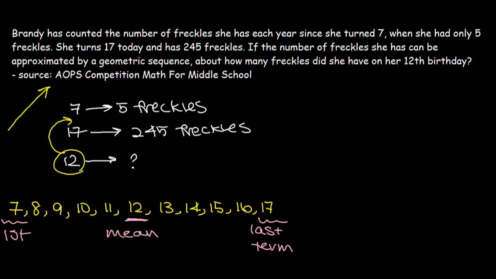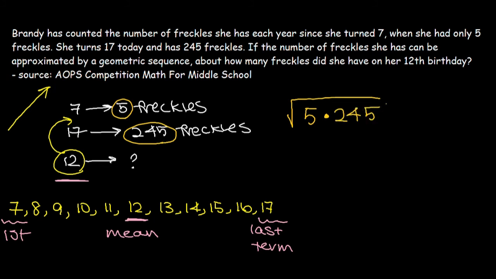How do you find how many freckles she had when she was 12? Simply use the formula: radical of the first term, when she was 7 she had 5 freckles, so 5 times, and when she was 17 she had 245 freckles, so times 245. When you simplify this, you'll get 35. So there's your answer.